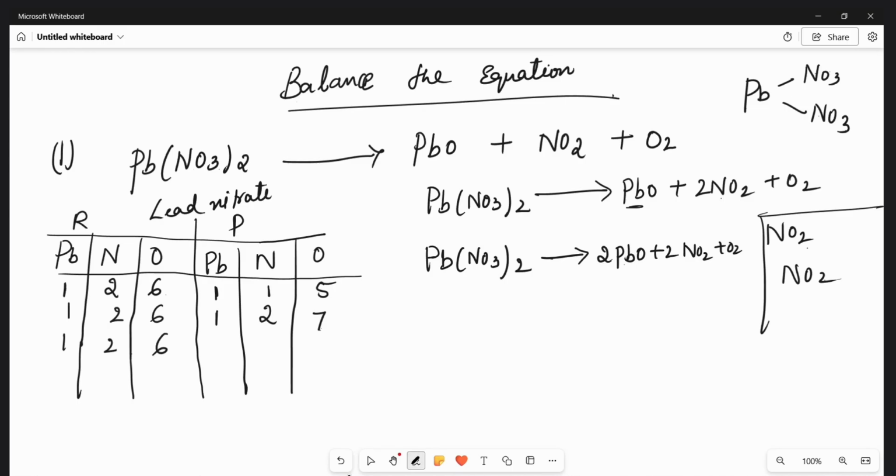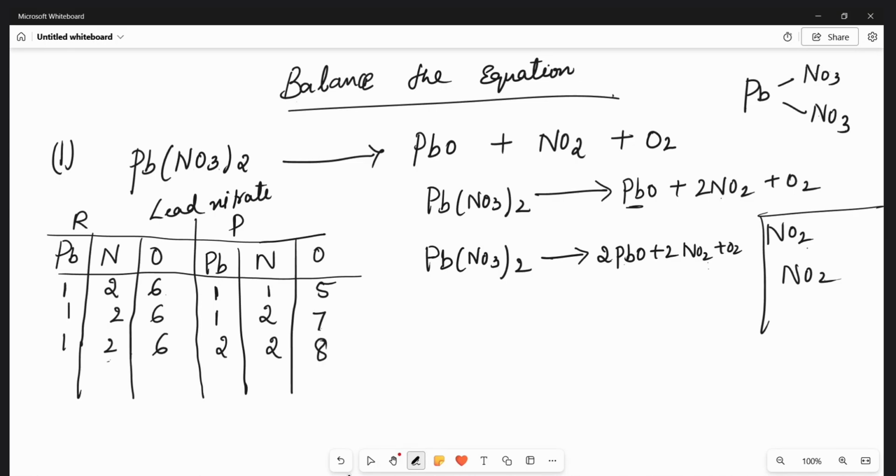Here 2 lead is there, nitrogen 2 is there, oxygen 2 twos are 4, 4 plus 2 6, 6 plus 2 8. If you observe, when we make it even, nitrogen here is 2, this is also 2, but lead has changed. Here it is 1, here it is 2.